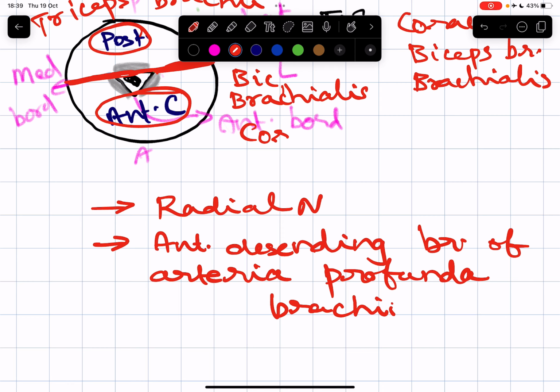What is the arteria profunda brachii? It's a branch of the brachial artery. In fact, it's the largest branch of the brachial artery. We will talk about the arteries in a separate video.